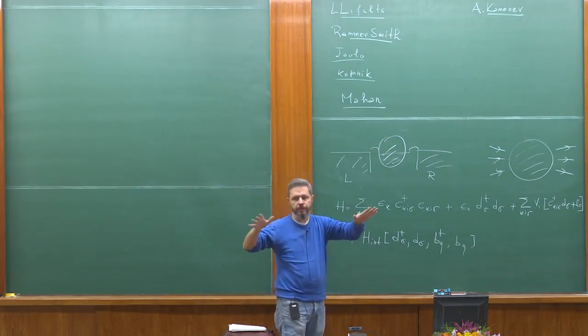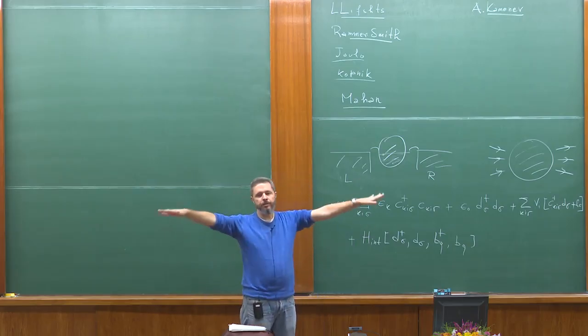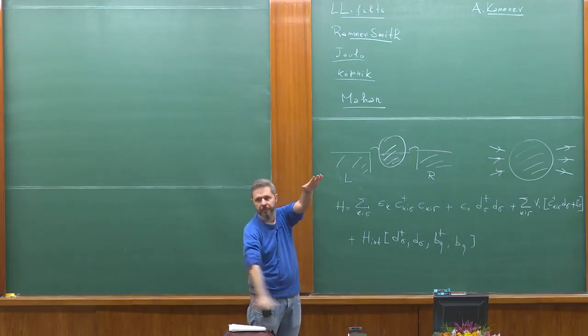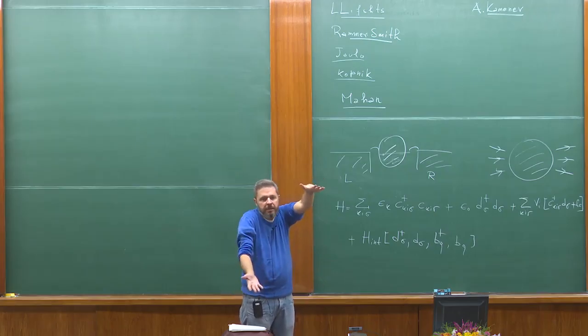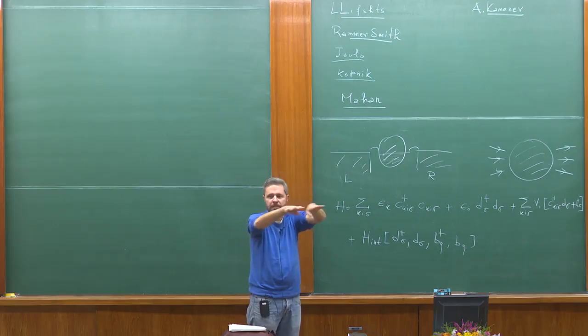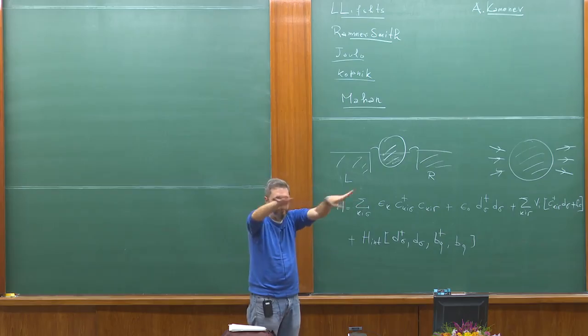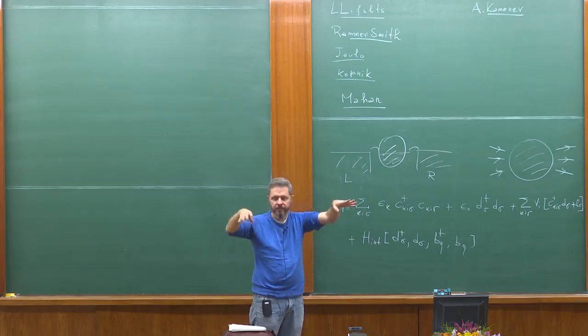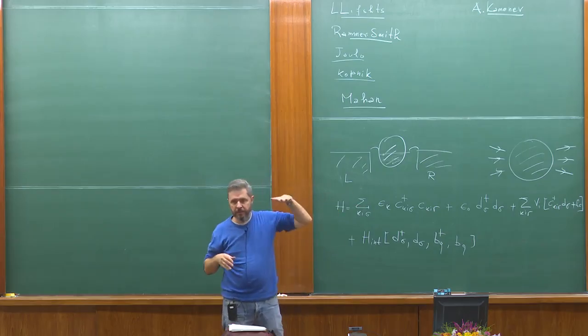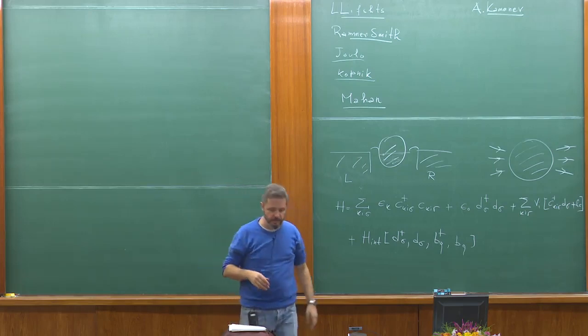You all know Drude theory, right? So when you do Drude theory, you don't care about what is happening to electrons that are sitting 2 million electron volts below the Fermi energy, because they don't participate in transport. The only important electrons are the ones that are sitting close to the Fermi energy, because those are the ones that move around, scatter, do stuff. And then current is going to be determined by those electrons.